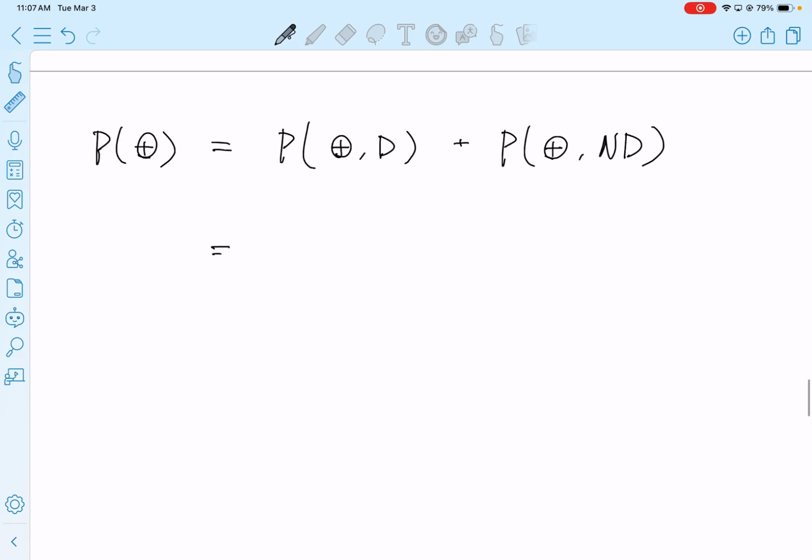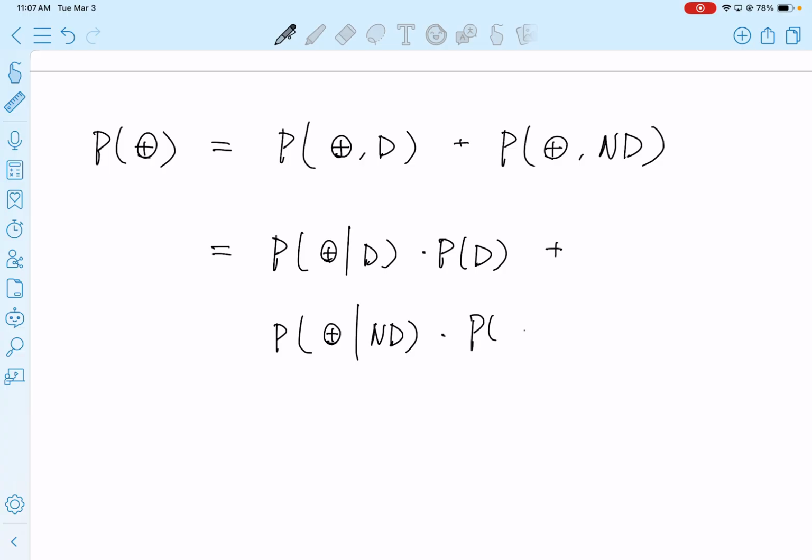This is equal to the probability of testing positive given having a disease, multiplied by the probability of having a disease, plus the probability of testing positive given no disease, multiplied by the probability of no disease. So this is applying the formula for the third time on two joint probabilities.